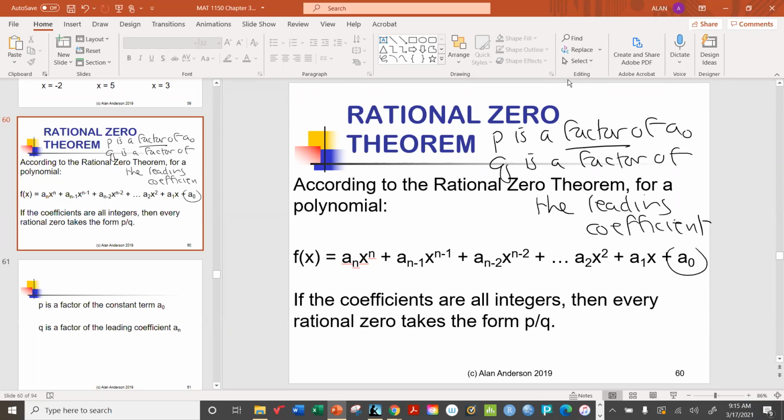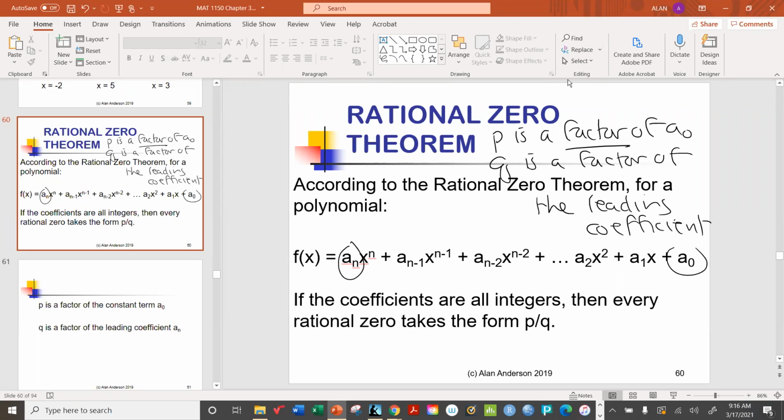Now, sometimes that can help reduce the number of possibilities by quite a bit, and sometimes not. Basically, it's just a way of saying, listen, no matter how many solutions there are, we know for a fact that the ratio P over Q is going to be a solution where P must be a factor of A0 and Q is a factor of whatever the leading coefficient is, which in this case would be here, AN.